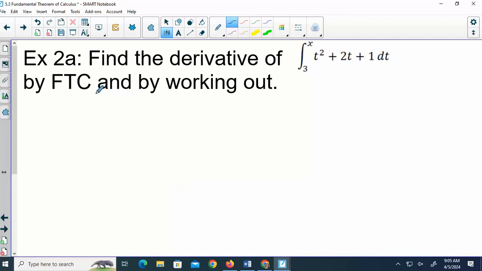All right, so if we work it out, if I ask you to do the derivative of this integral, first we would have to integrate it, right? So what is the antiderivative of t squared? No, that's the derivative, antiderivative.